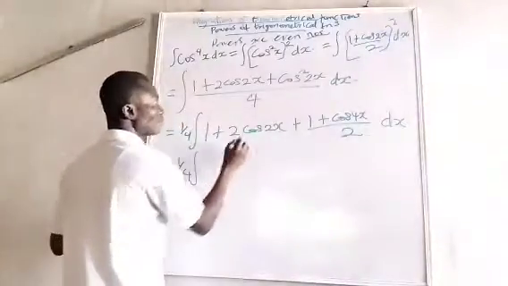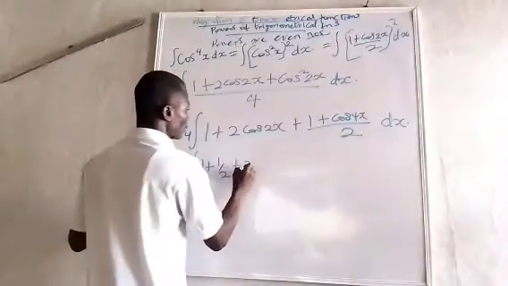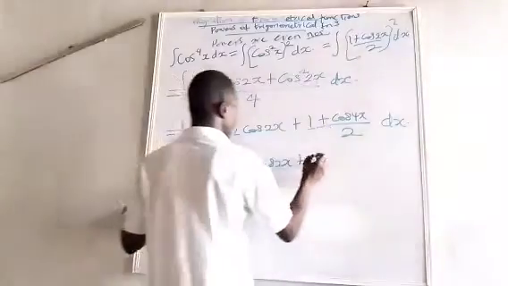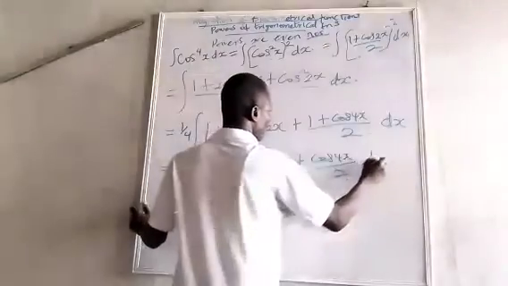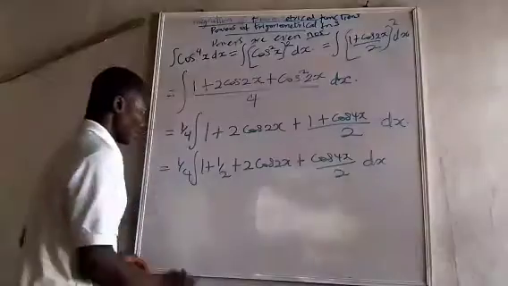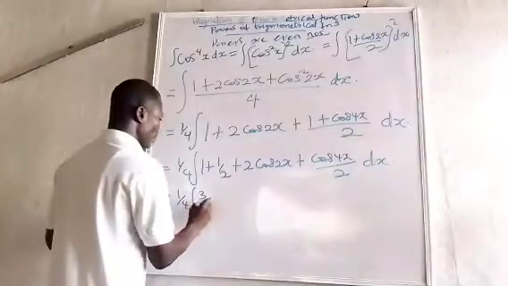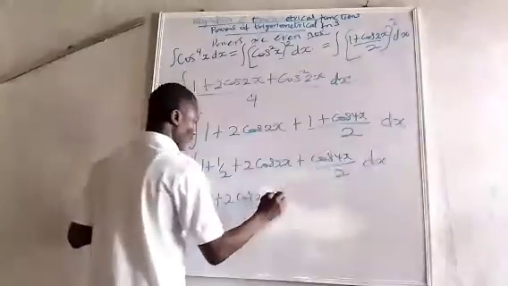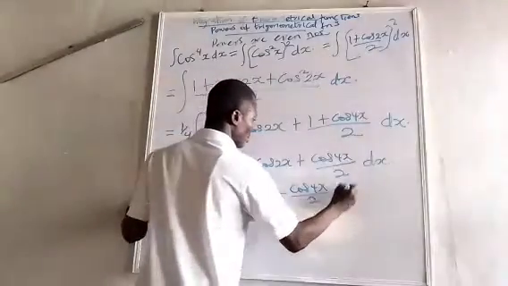1 over 4, 1 plus half plus 2 cos 2x plus cos 4x over 2, dx. So let's combine: 3 over 2 plus 2 cos 2x plus cos 4x over 2, dx.